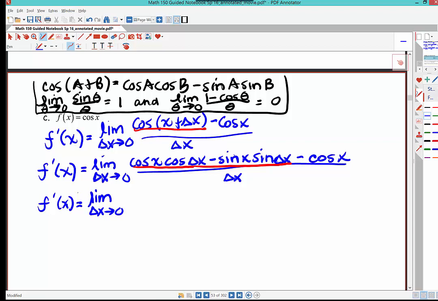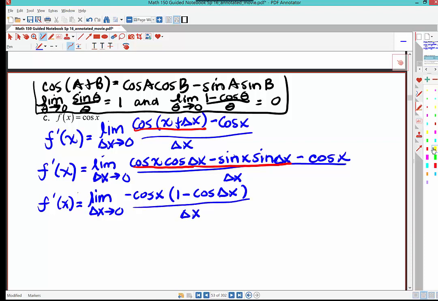Now, do you see we have 3 terms in the numerator? And do you see that the first and the third term have a factor of cosine at x? So I'm actually going to factor out a negative cosine at x, and that will give me 1 minus cosine at delta x all over delta x.